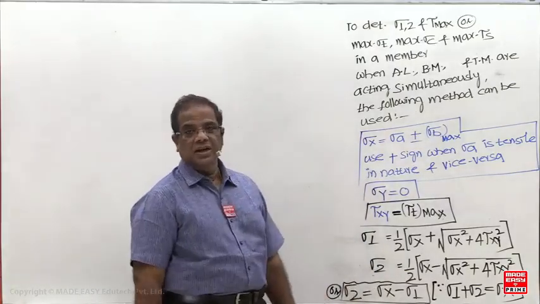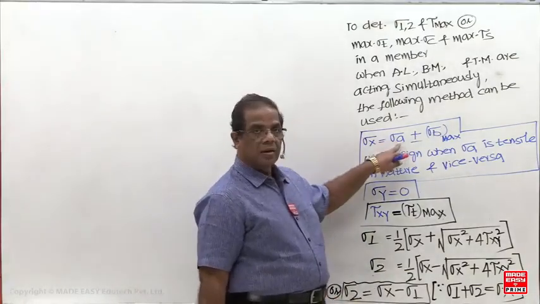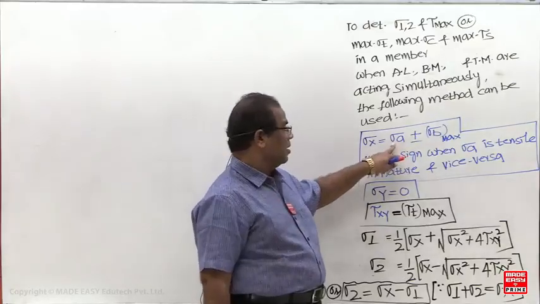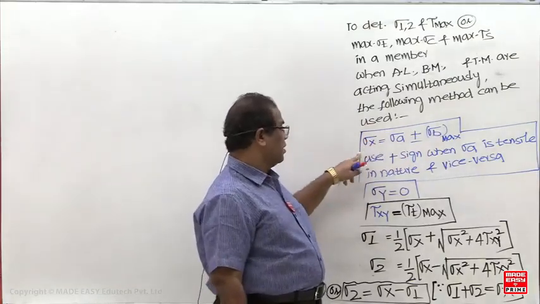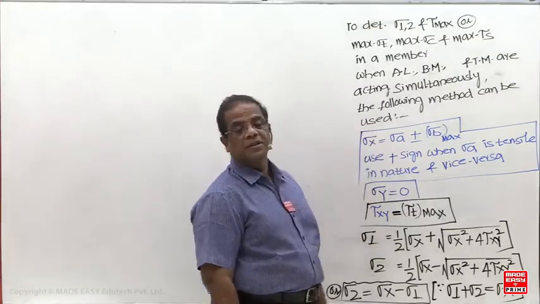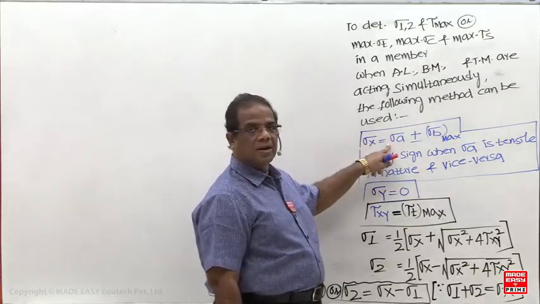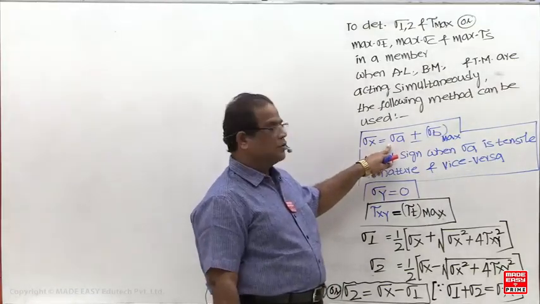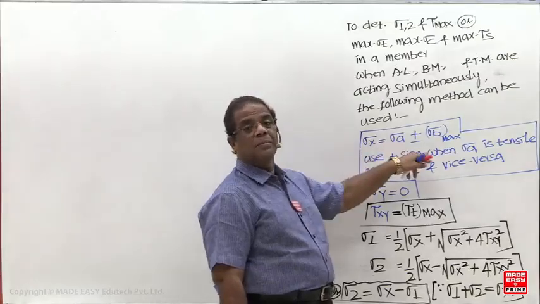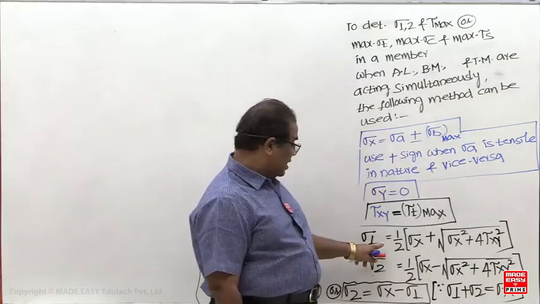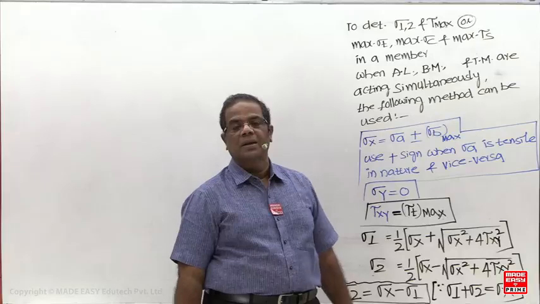My conclusion was valid when this is positive. If this is positive, then this is going to be positive. Suppose it is negative or positive, depending upon this. Suppose the axial stress is negative, then you are going to take minus sigma a and minus sigma b max. Then in that case, this value will become negative.